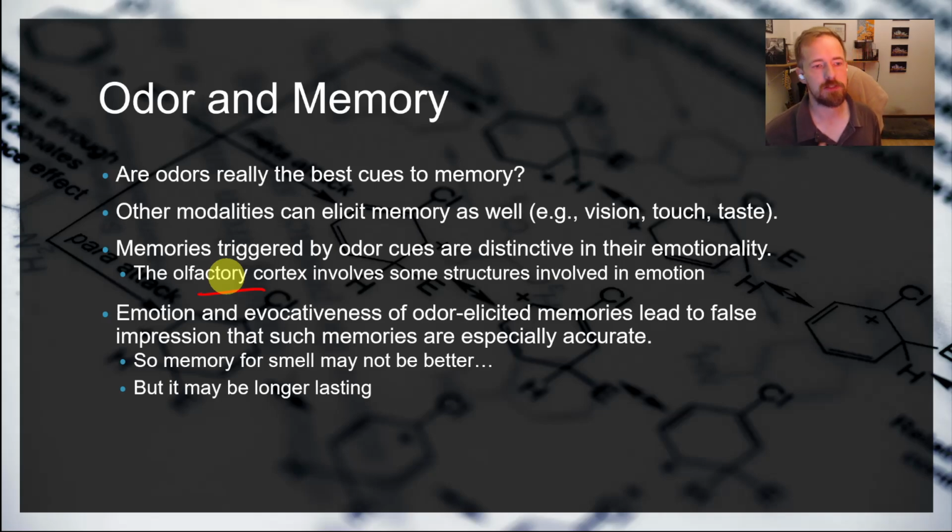This actually turns out to lead us to one of the problems with smell and memory, which is that we are more likely to make false claims about smells than we are for other types of senses. And the reason for that is because we smell something, we have a really strong emotional reaction, therefore it must be true, right? And you see this in a lot of other areas of psychology as well, where people, if they are really emotional about something, they're very convinced about it, because it's very vivid.